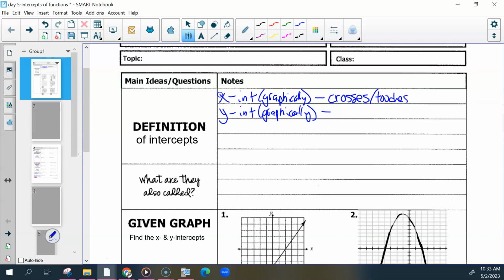And then the same thing for the y-axis. So graphically, where it crosses, touches, or intersects the x or y axis.